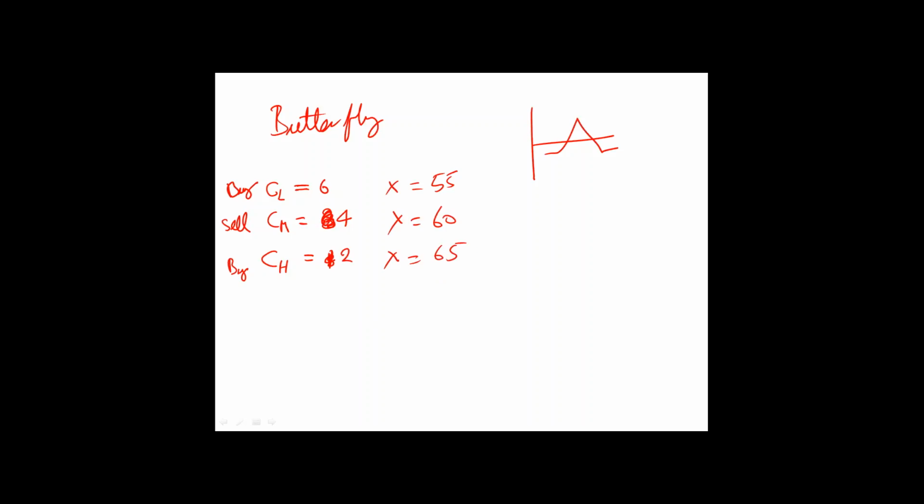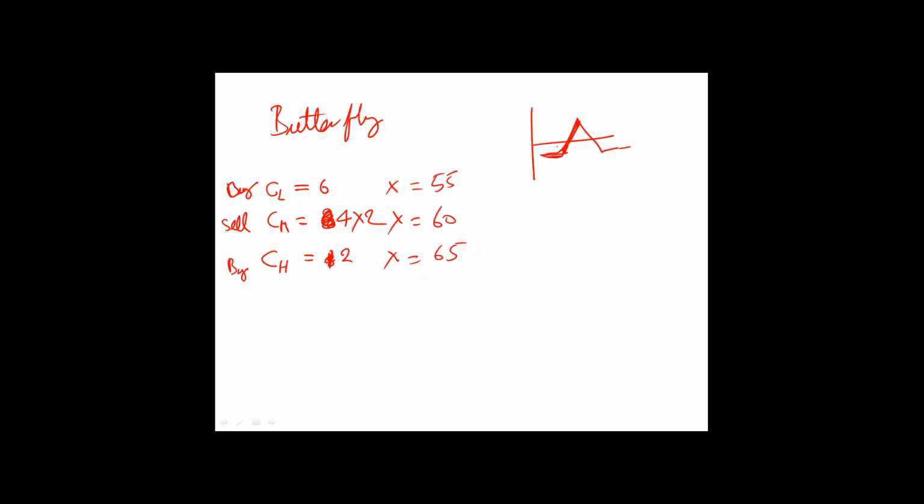One more thing, as I said, you have to take two calls in the middle, so you are going to sell two calls in between, and you are going to buy two calls, one a lower one and one a higher one, to create a butterfly. Now let's see what happens. This butterfly says beyond the point, you will have limited loss if it goes up or down, and if it remains somewhere in between, you will have a profit.